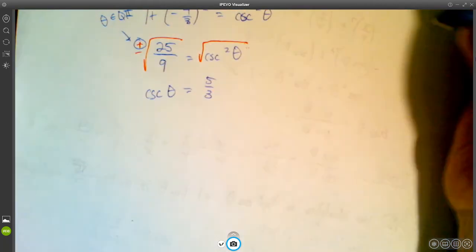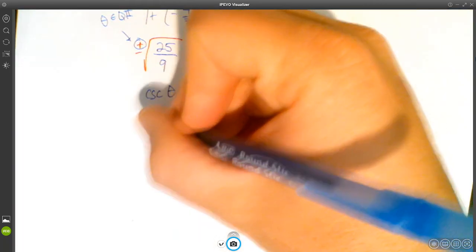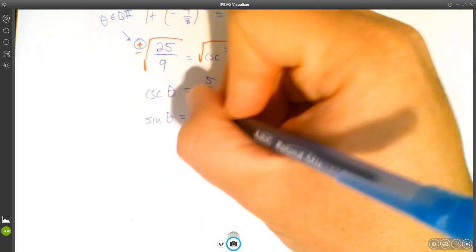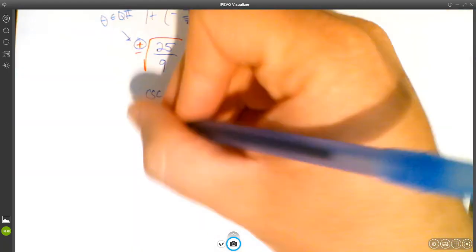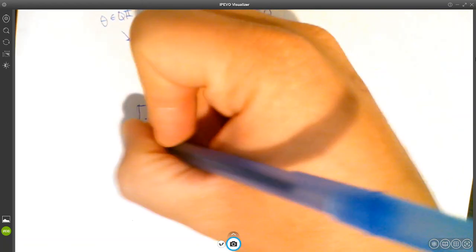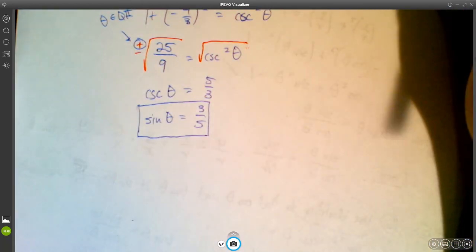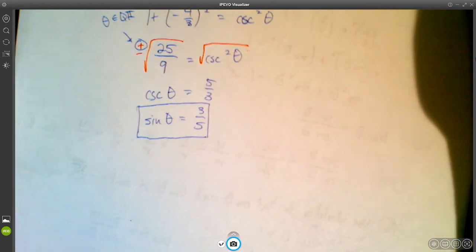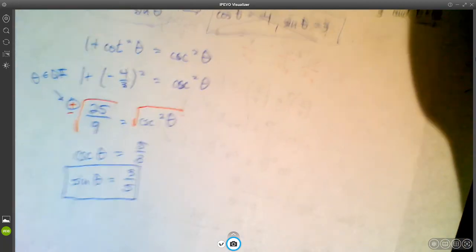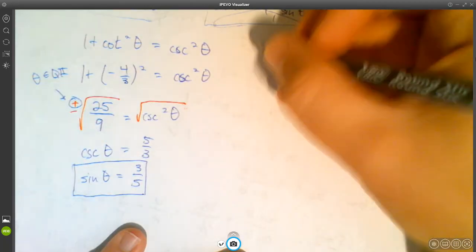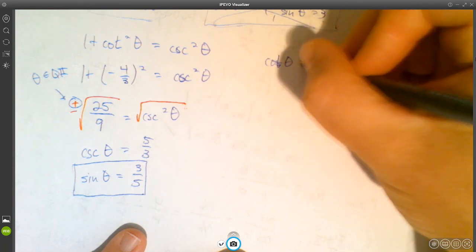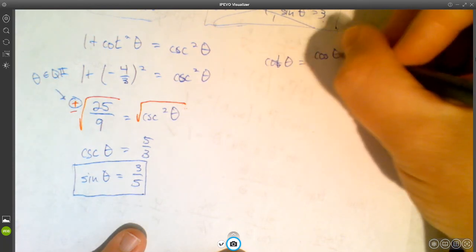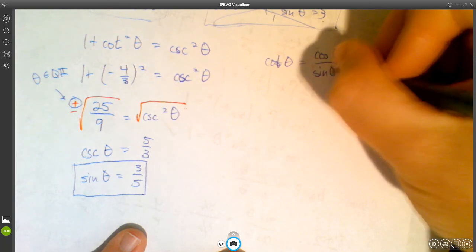Well, if cosecant theta is 5/3, then that means that sine theta is 3/5, because they're reciprocals of each other. So there's sine theta. Now that we have sine theta, it is in fact the case that cotangent theta is cosine theta over sine theta.